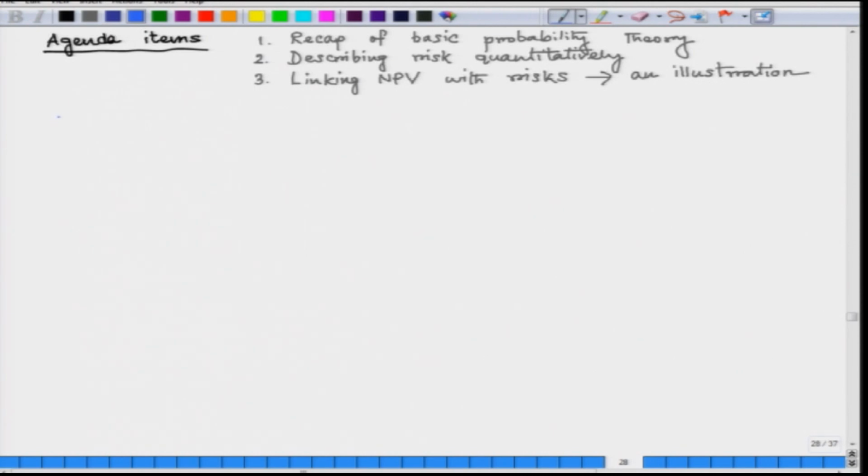So, we will start with outcome. Outcome is a possible result of a random experiment or phenomenon.